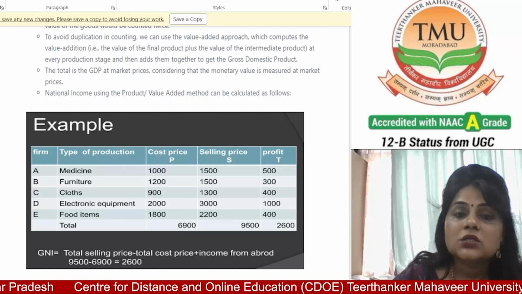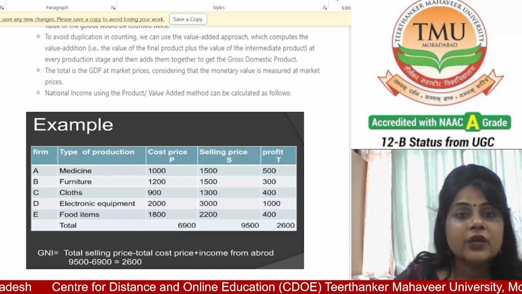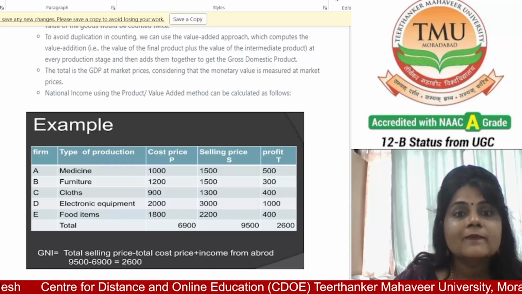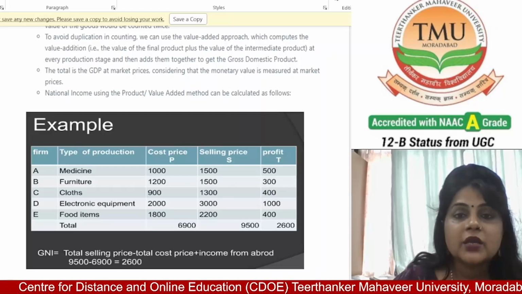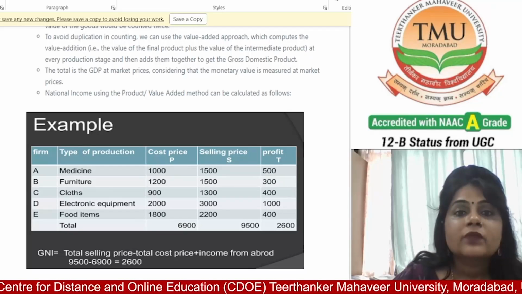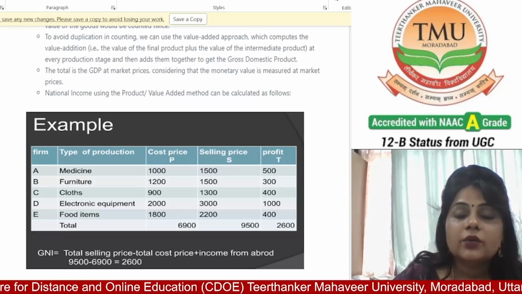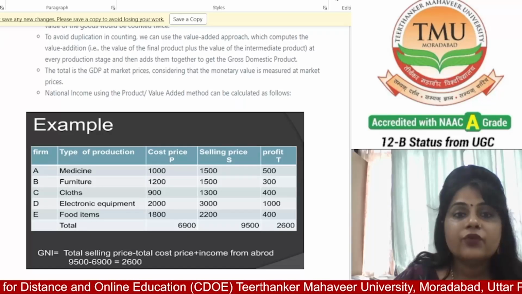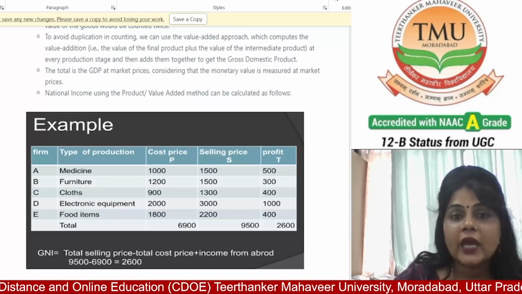Clothes: cost price 900, selling price 1300, profit 400. Electronic equipment: cost price 2000, selling price 3000, profit 1000. Food items: cost price 1800, selling price 2200, profit 400. So total cost price 6900 and total selling price 9500.